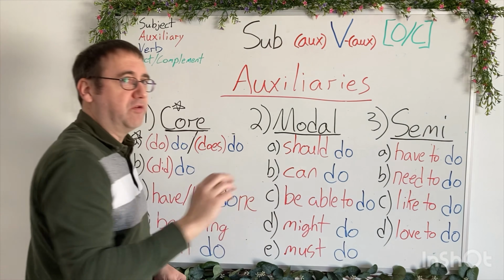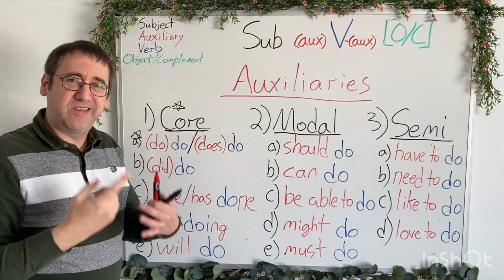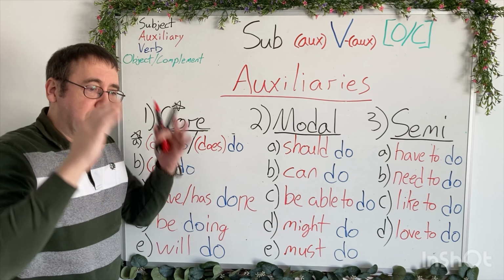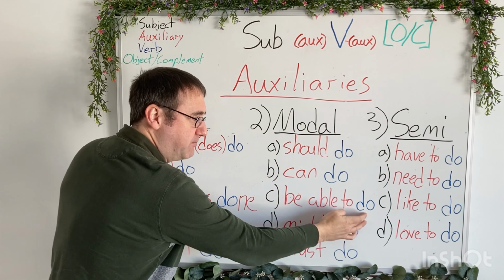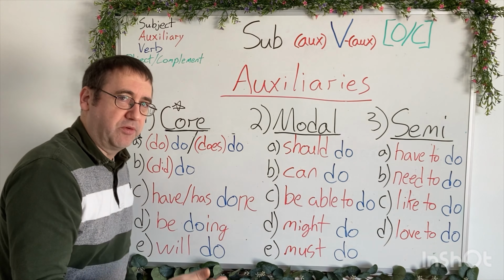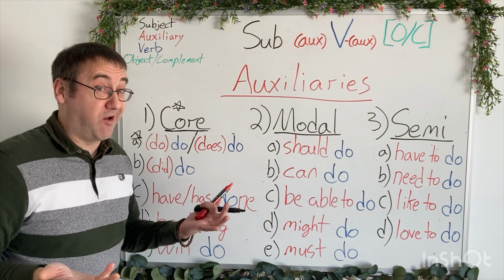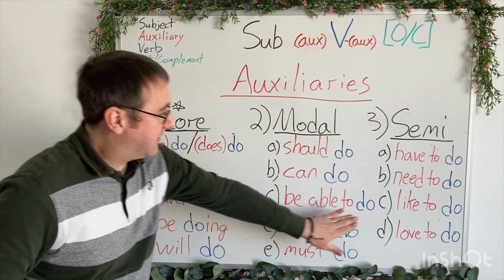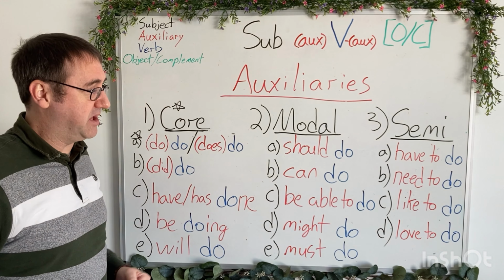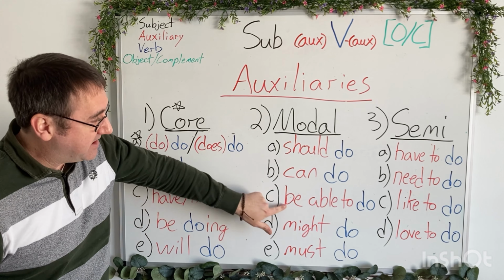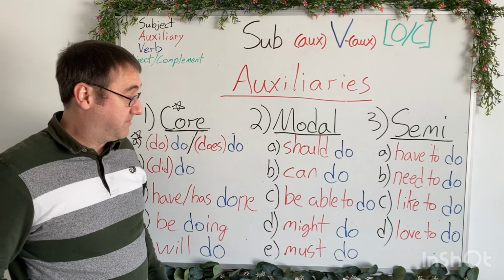Be able to do, that's four words, but still learn it as one meaning, one perspective. And you can put any verb here. I am able to sing. I am able to play guitar. Whatever it is, the action that you're talking about can be put into these perspectives.